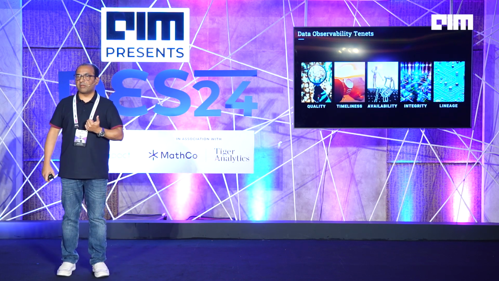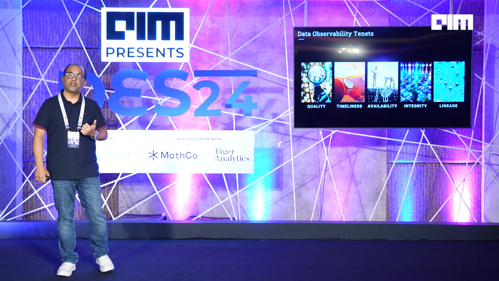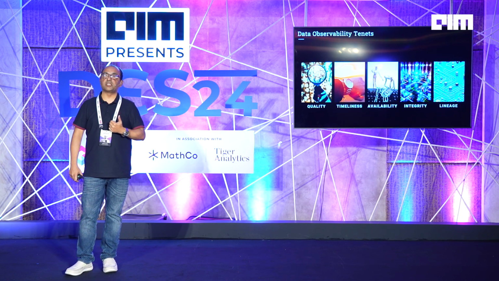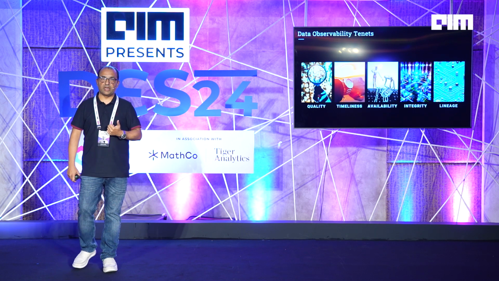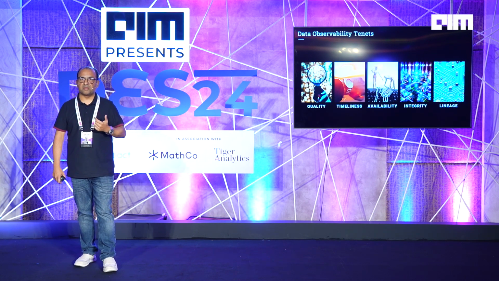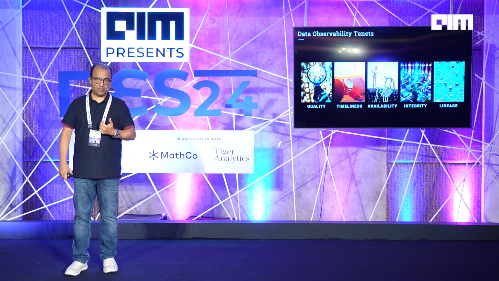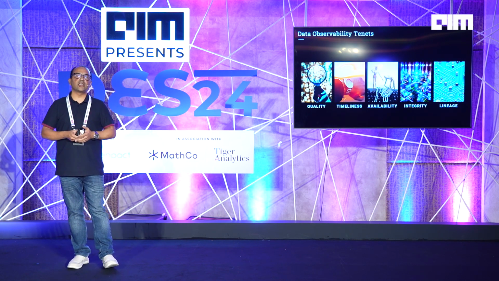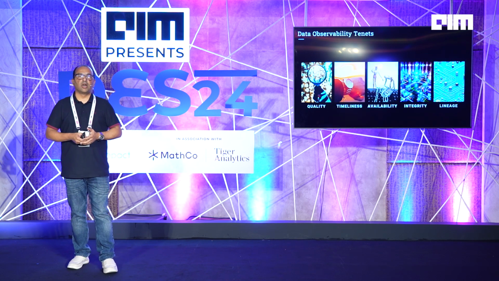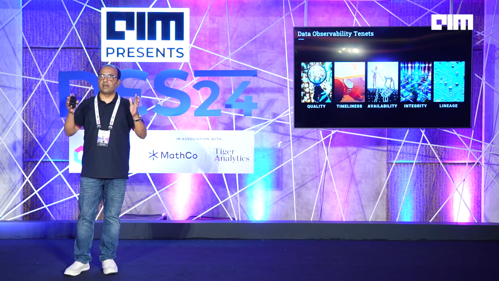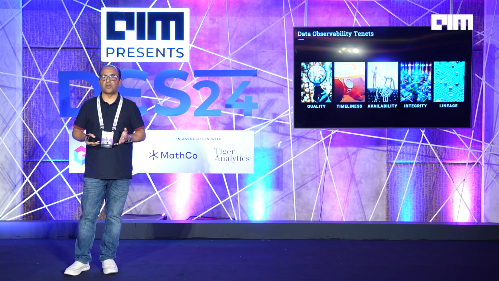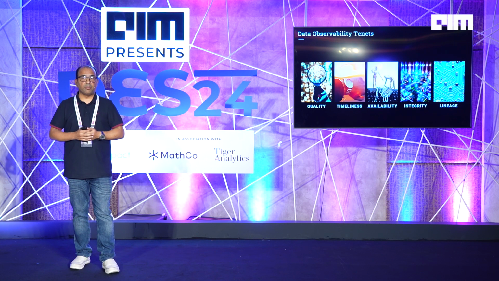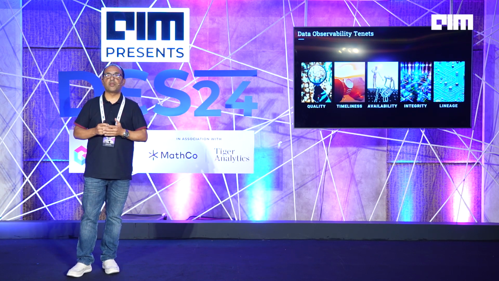Now quality may have a different perspective from different personas. For a business user running a campaign who wants to see the data in near real time, the quality of the last 5 minutes of data is good enough. But a data scientist who wants to take the historical data and run some models on top of that, for them the definition of data quality is very different. But the important thing is, how do we define the quality?